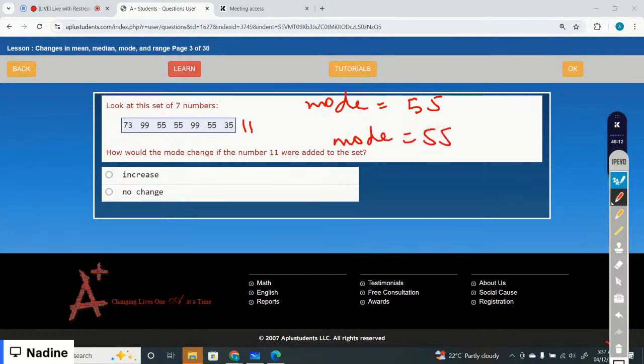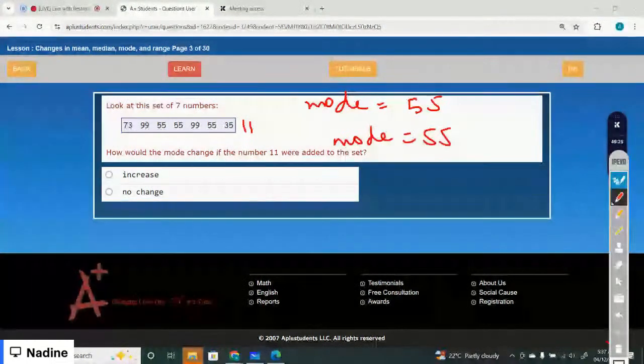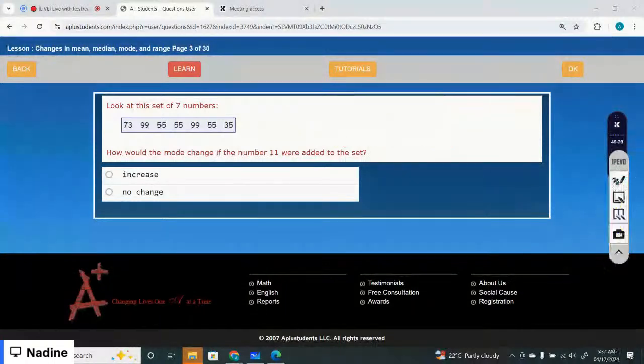If the number 11 is added, still it is 55. That means no change. Option number 2 is the correct option.